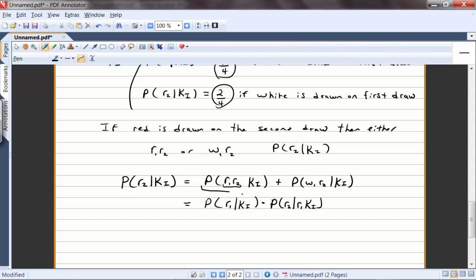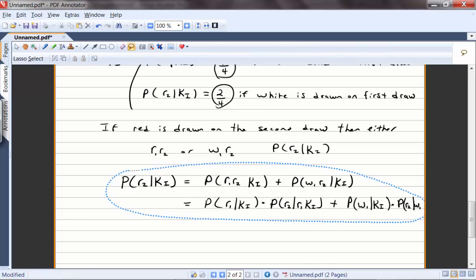That's what this is equal to. And analogously, the second one is equal to the probability that white is drawn on the first draw, given only our initial knowledge, multiplied by the probability that red is drawn on the second draw, given that white was drawn on the first draw and our initial knowledge.